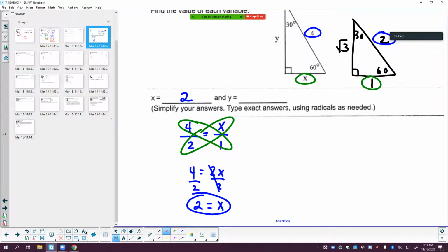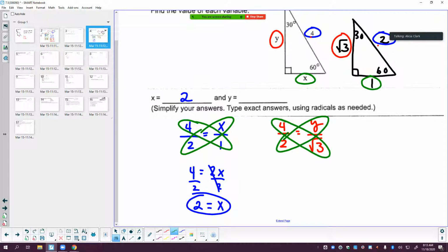Then I'm going to solve for y. So again, I'm going to start with what was given to me in the original problem, which was the hypotenuse, so 4 over 2. I'm trying to find y, which is comparable to square root of 3. So y over square root of 3. Okay, so cross multiply here, these two and these two.